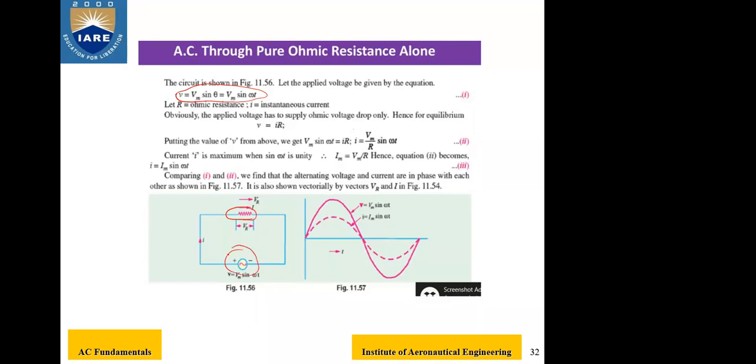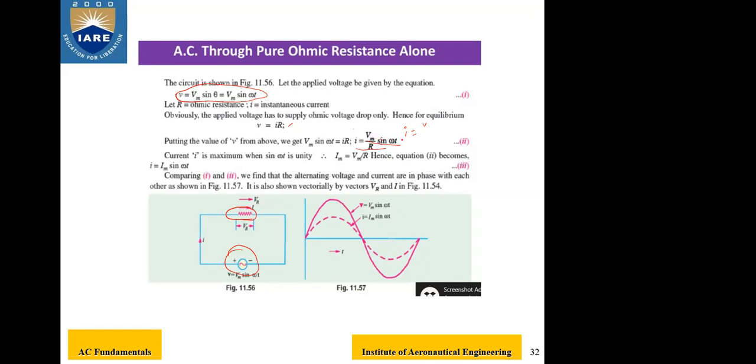Now what will be the current here? From Ohm's law, I is equal to V by R, so I is equal to Vm sin omega t by R.